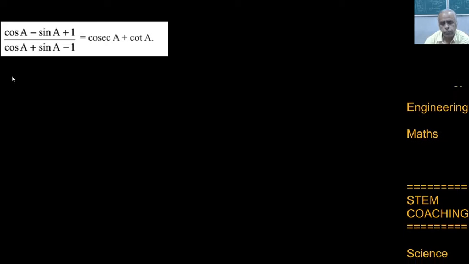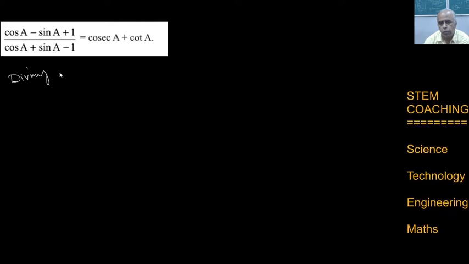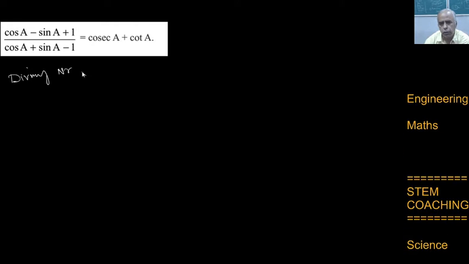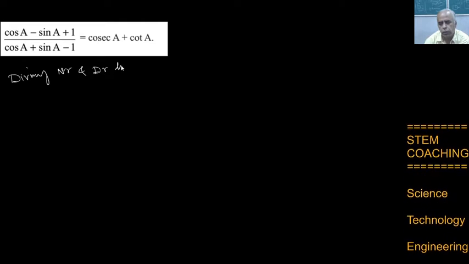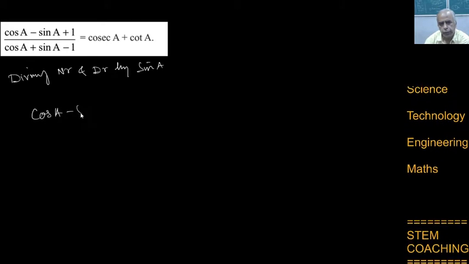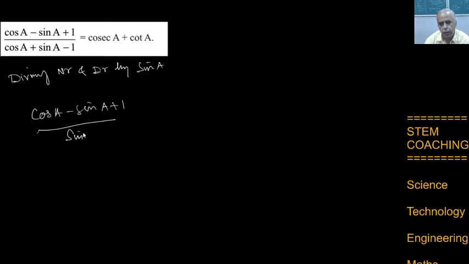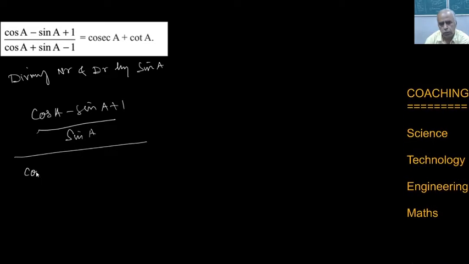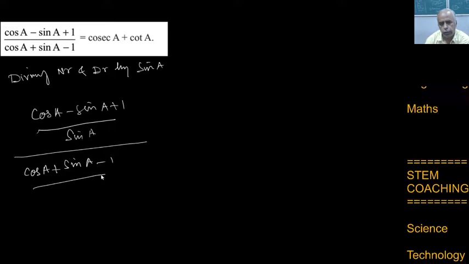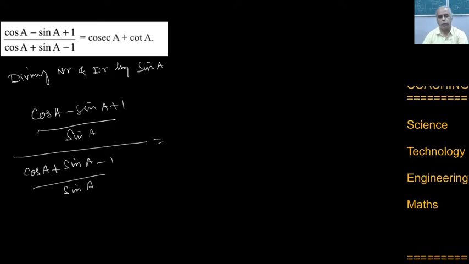So dividing, and multiplying actually, but you can call it dividing, numerator and denominator by sine A. It means cos A minus sine A plus 1 divided by sine A. Similarly, whole divided by cos A plus sine A minus 1 whole divided by sine A. Okay? So this is the first step you have to handle.